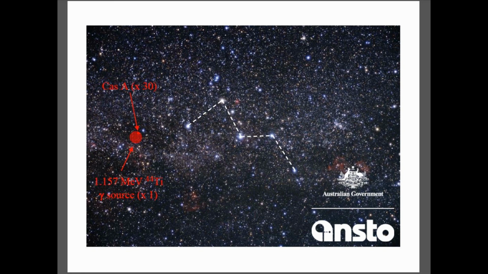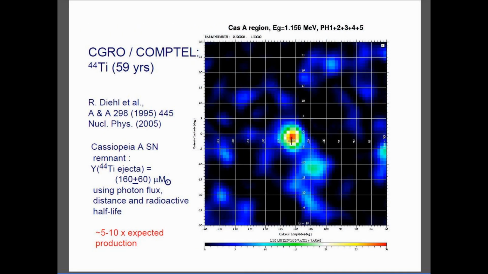This spot is a flux of photons of that energy, photons which come from the decay of the radioactive titanium-44, with a 60-year half-life. And this is the place of the remnant seen in other wavelengths. So it's identified from this Cassiopeia A supernova remnant.